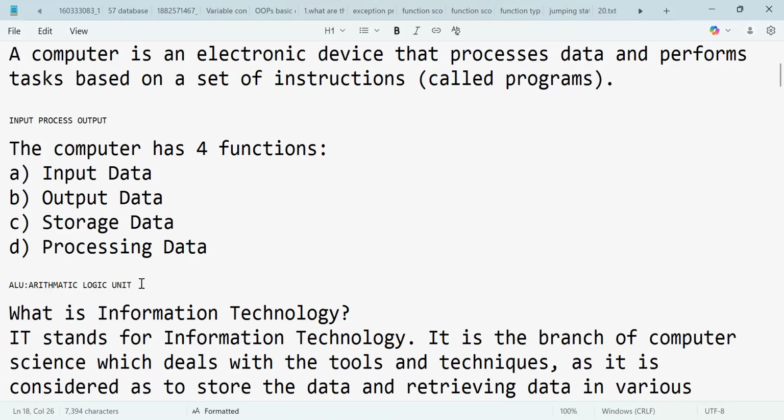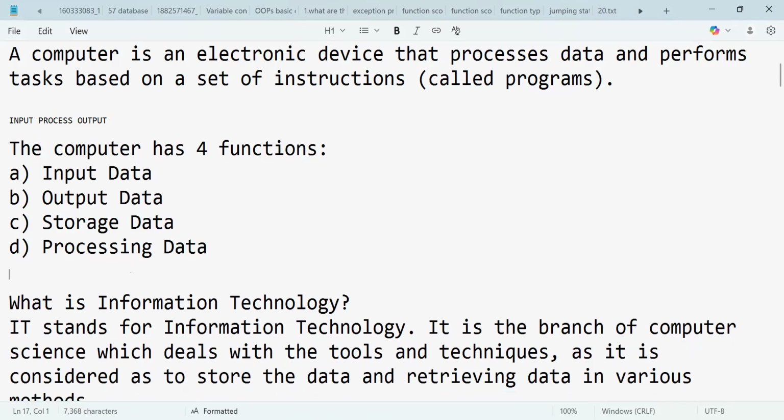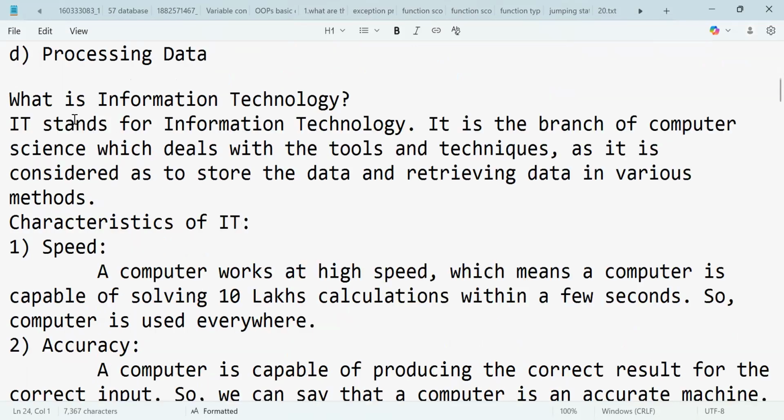Next is information technology. What is information technology? IT stands for information technology. It is the branch of computer science which deals with tools and techniques to store and retrieve data in various methods.